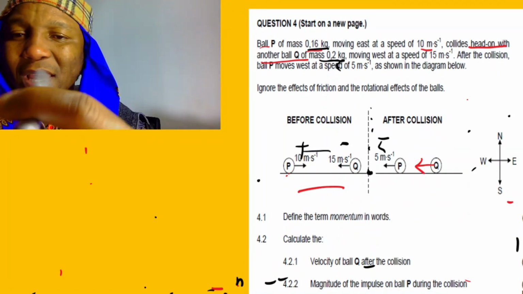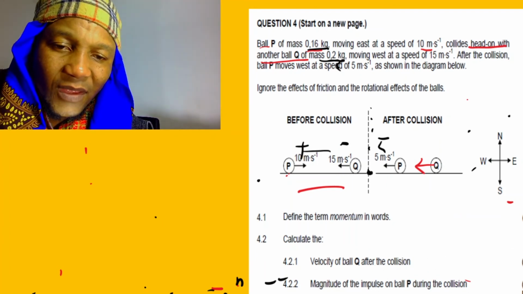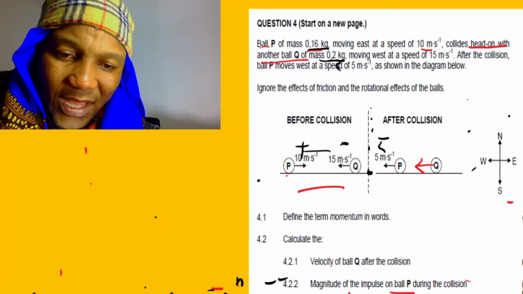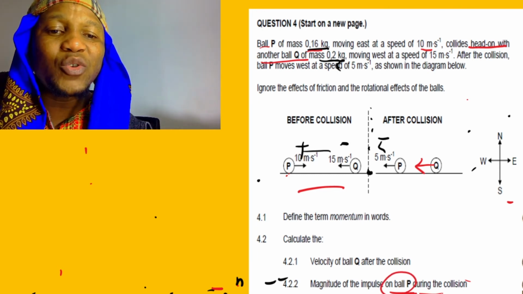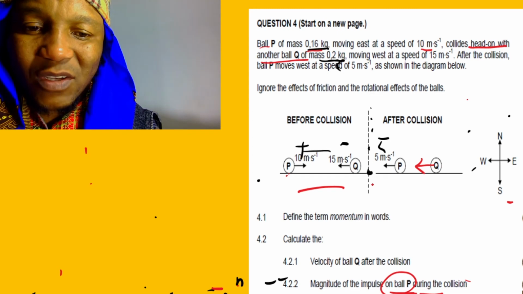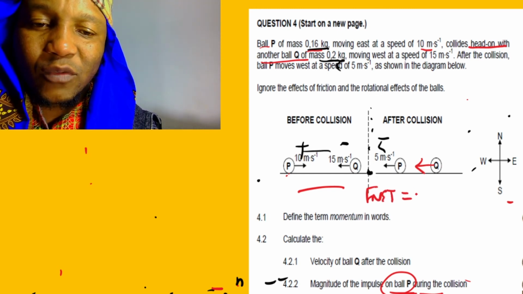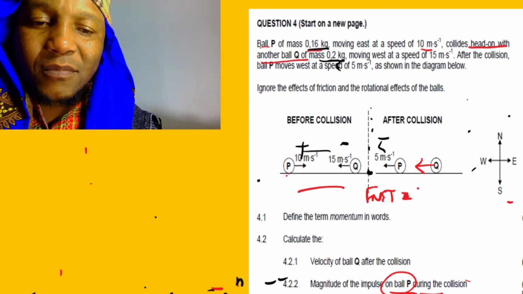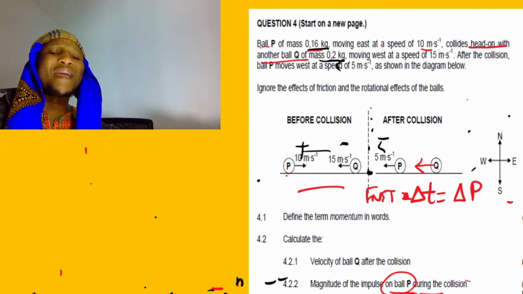If you come back to the question, they say: find the impulse of ball P during the collision. Impulse we know: impulse equals F net times change in time, equal to the change in momentum.